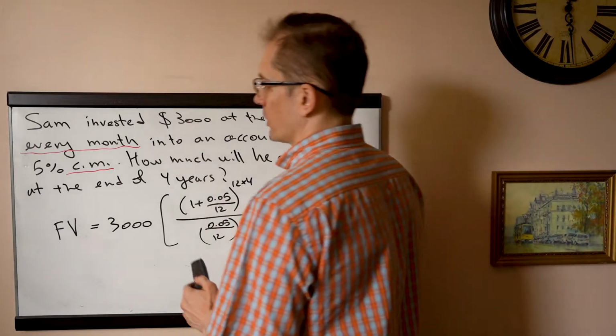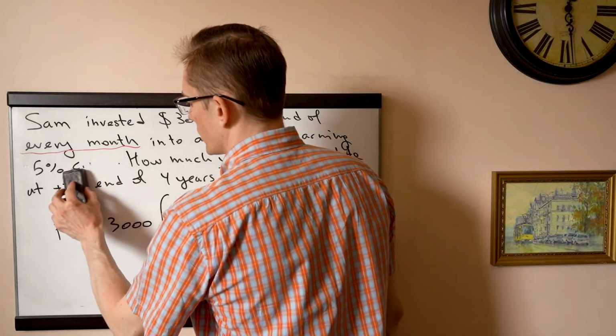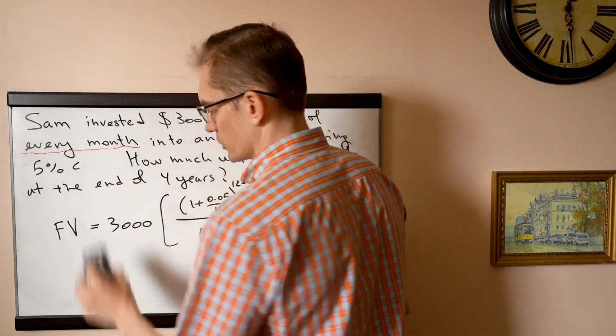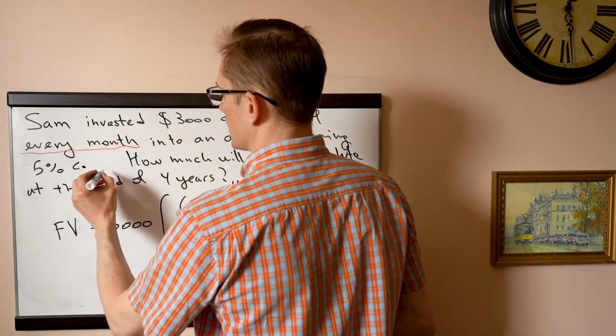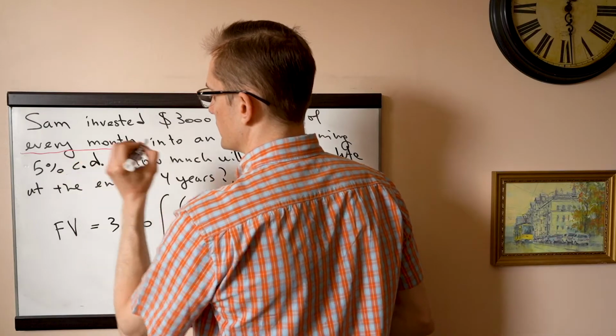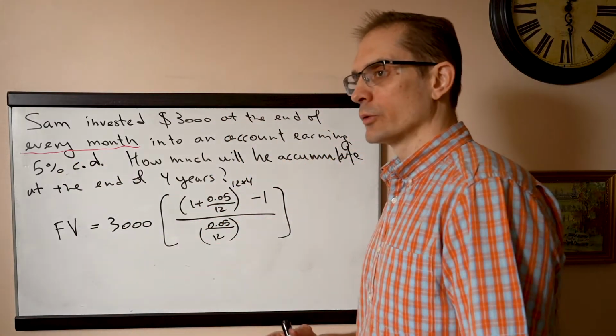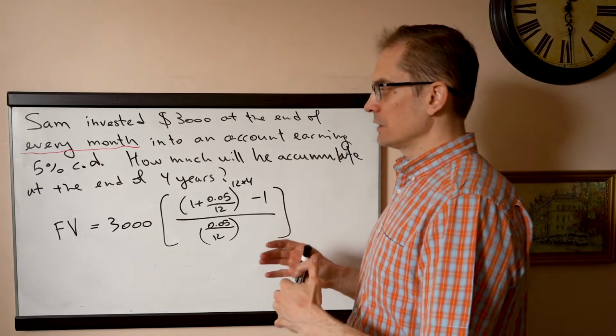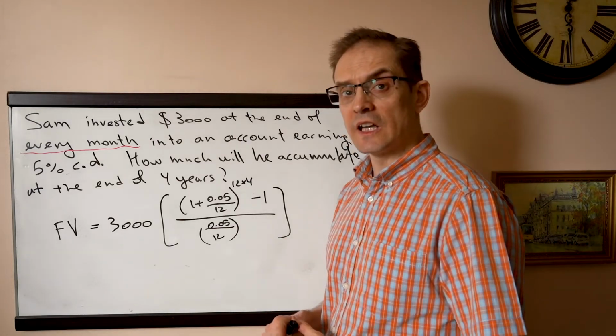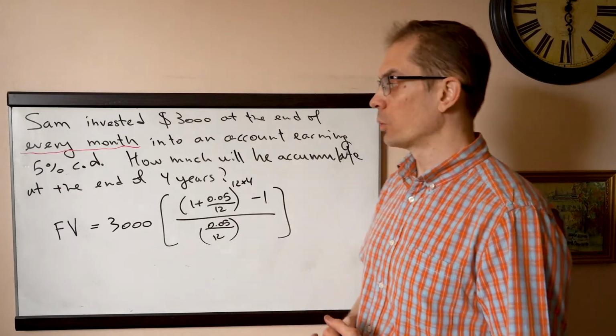Now, let's say in this problem we will make a modification. Instead of compounded monthly, let's say compounded daily, okay? So now our rate has become compounded daily, and this immediately makes the annuity general. Why?